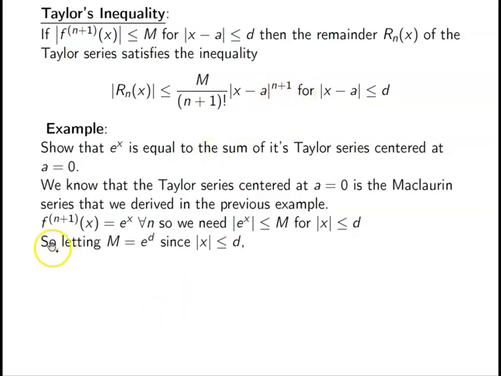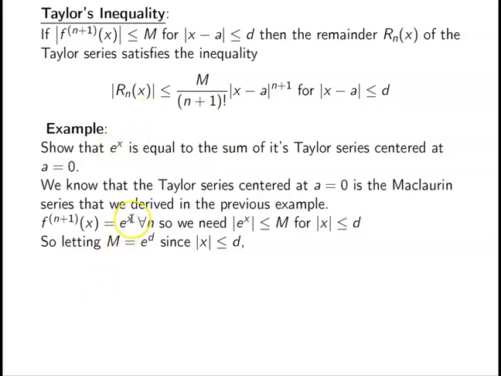Okay. So letting M equal e to the d, since the absolute value of x is less than or equal to d, right? So my x value, the largest value I'm allowing it to be is d. We know e to the x continues to grow.